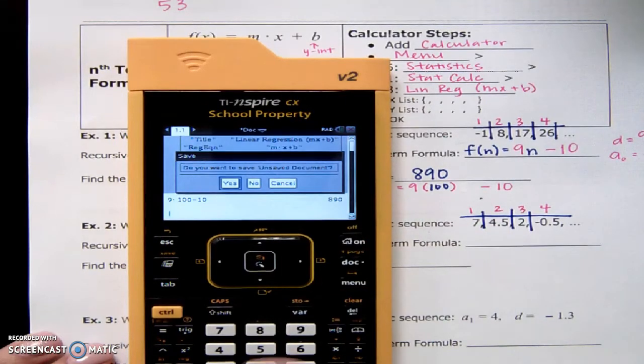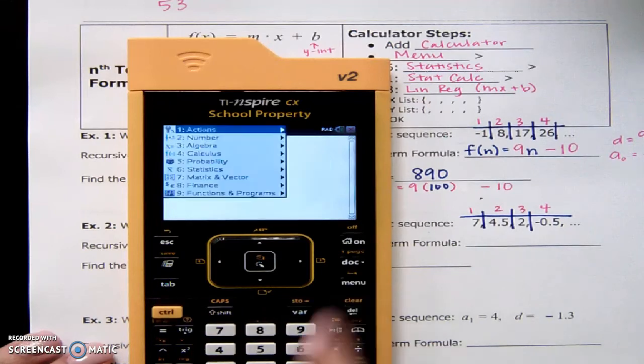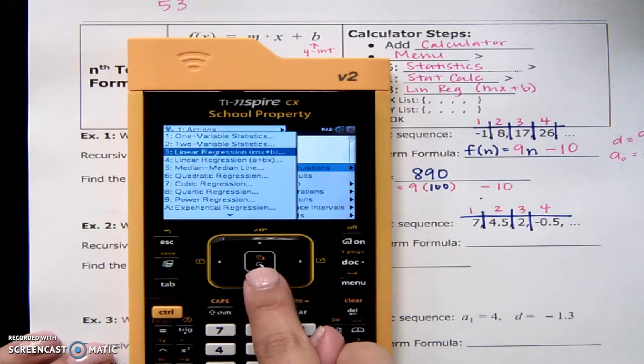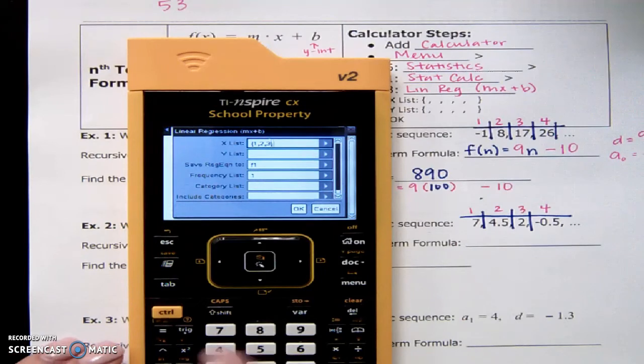New document, don't save, add a calculator, menu, statistics, stat calculation, mx plus b. 1, 2, 3, 4, 7, 4.5, 2, negative 0.5.